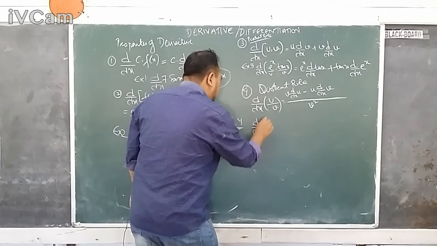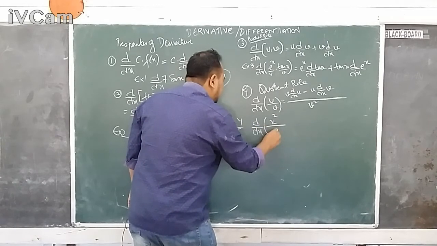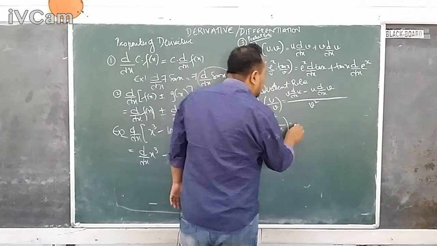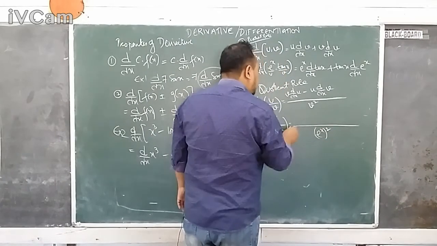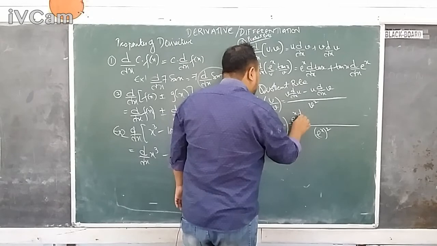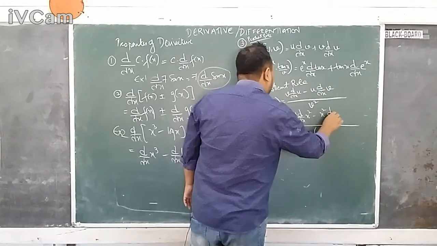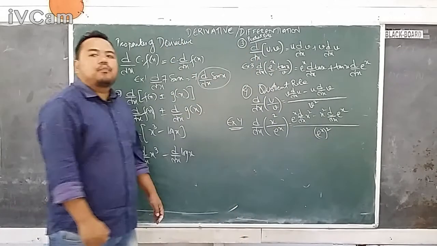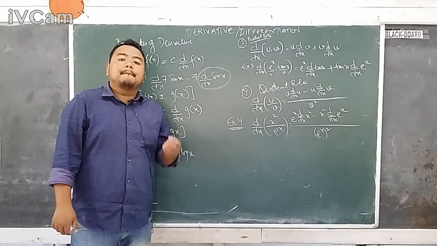D by dx of, let us say, x square divided by e to the power x. So this is u, this is v. The rule is v square, like e to the power x whole square, then e to the power x as it is, d by dx of x square minus x square into d by dx of e to the power x.